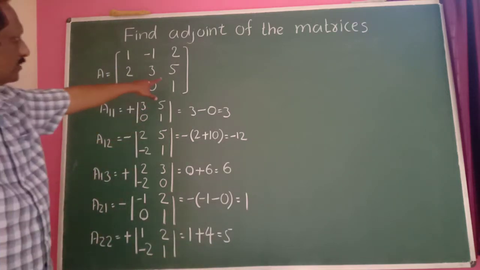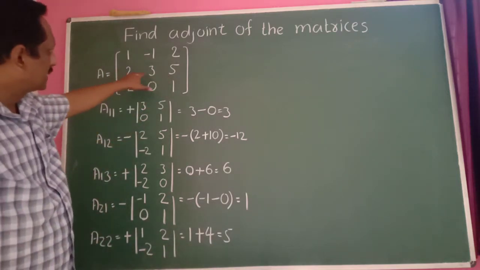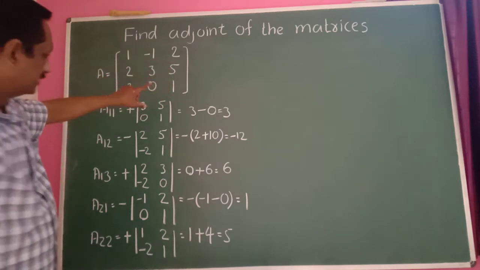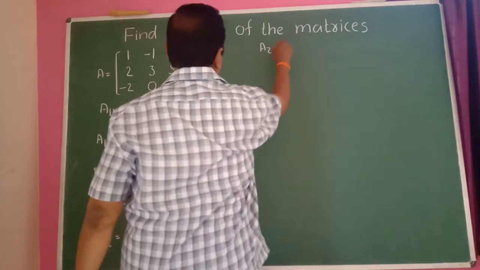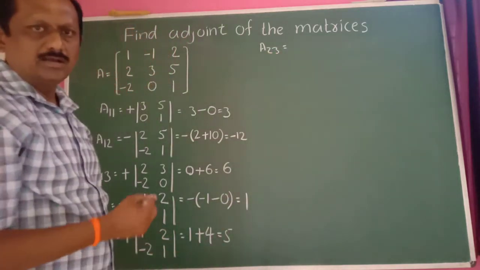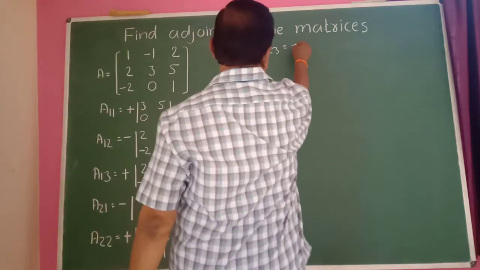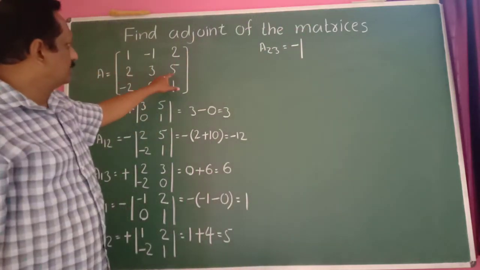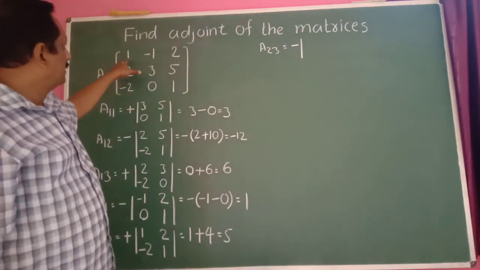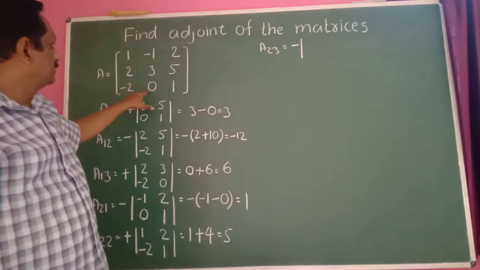Then find the cofactor of this element. This is in the second row, third column. So A23: 2 plus 3 is an odd number, take a minus sign again. Take the determinant, deleting the second row and third column: 1, minus 1, minus 2, 0.